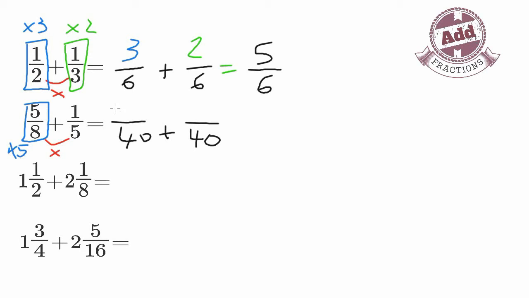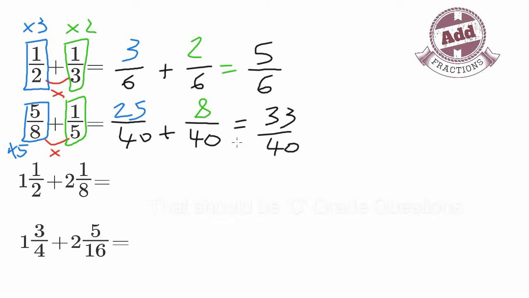So we've got 25 out of 40. And the second fraction, we're going to multiply it by 8. That gives us 8 out of 40. So our answer is going to be out of 40. So we add across the top. That's going to be 33 out of 40.